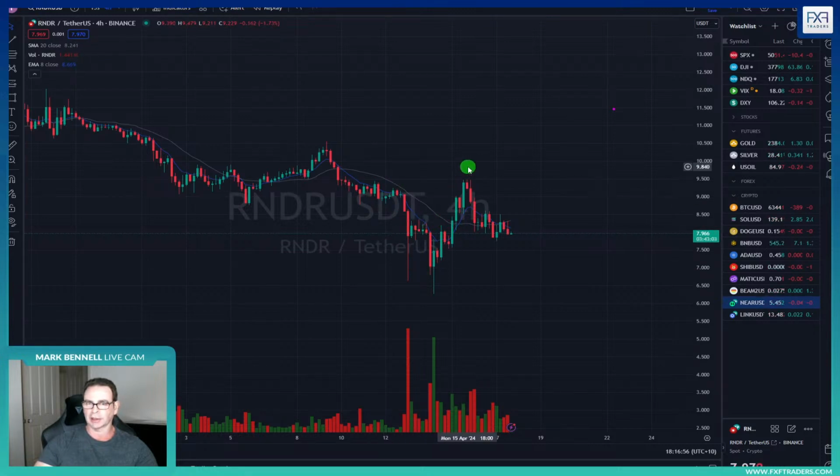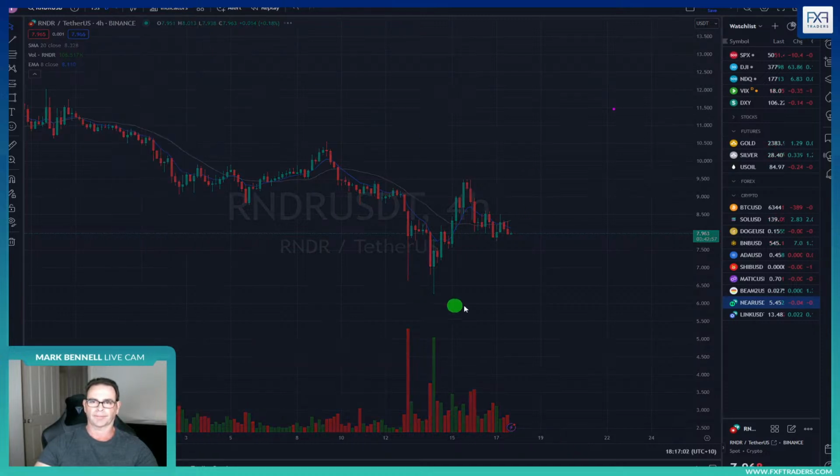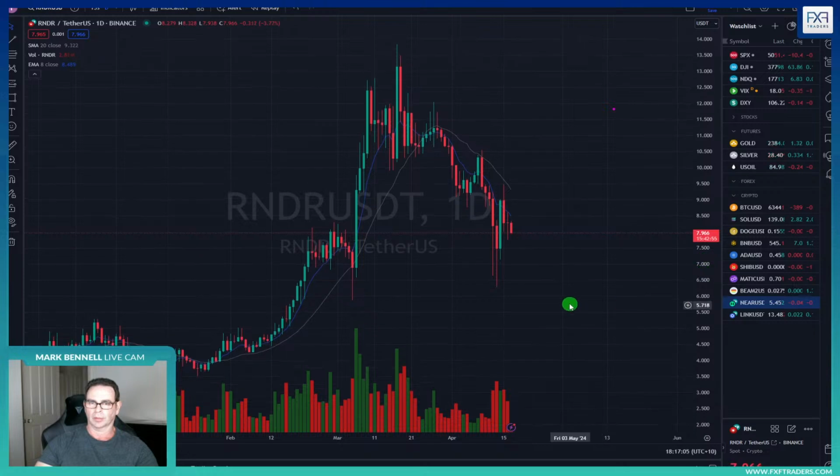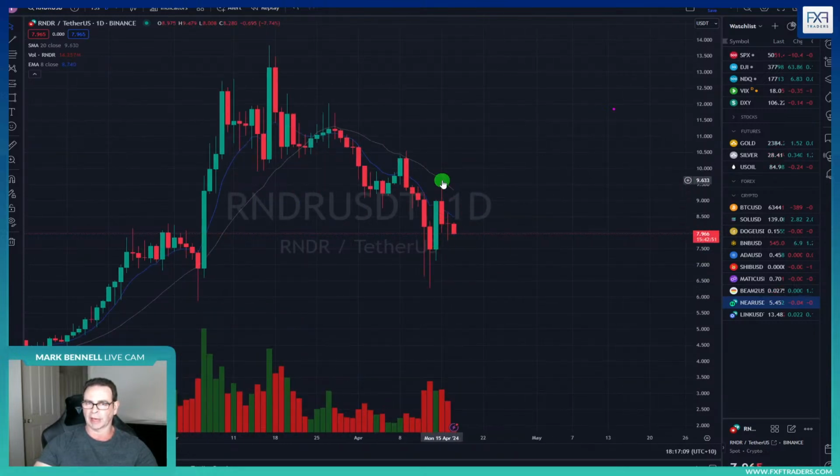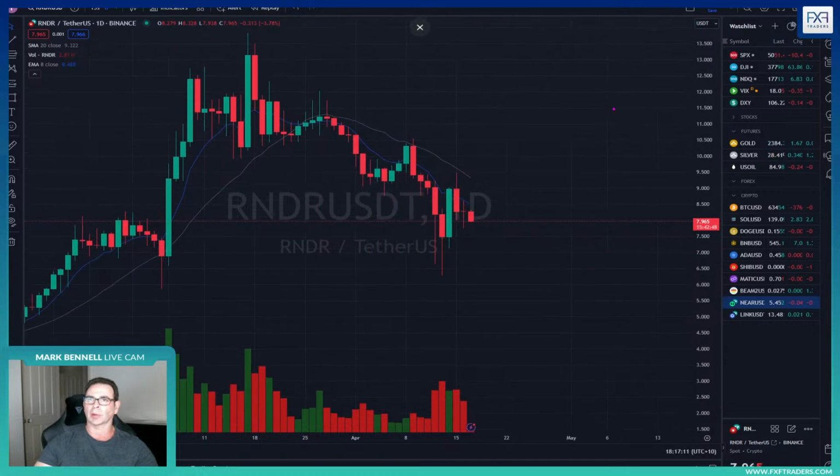So it's trying, a weak move down. None of these look like we've had the moving average. So we've had the climactic reversal trade. Second target being the moving average. We've already had those.